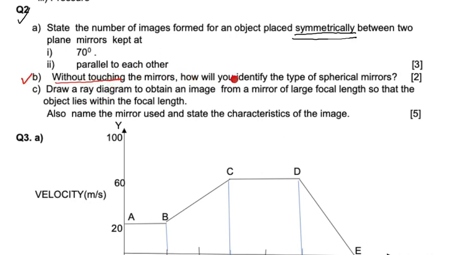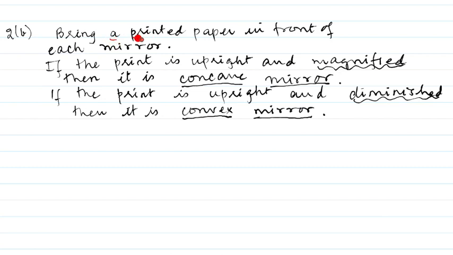Let us look at 2b. Without touching the mirrors, how will you identify the type of spherical mirrors? Now the spherical mirrors are either convex or concave, but you're not supposed to touch them, right? So we are going to take a printed page next to them, and we will write the answer like so. Bring a printed paper in front of each mirror.